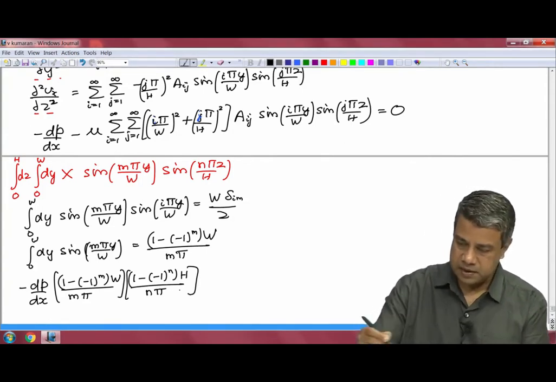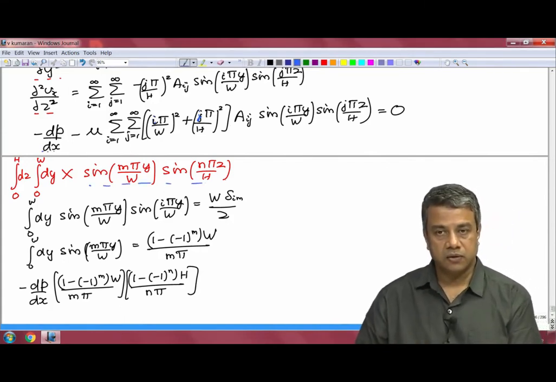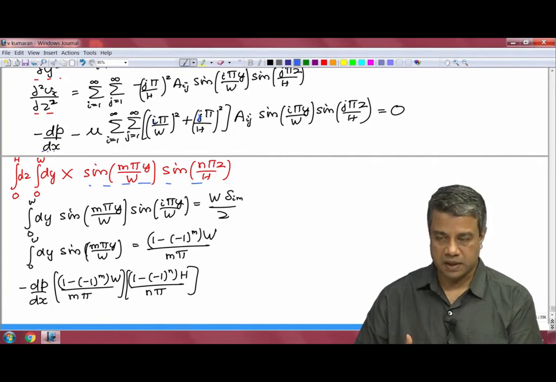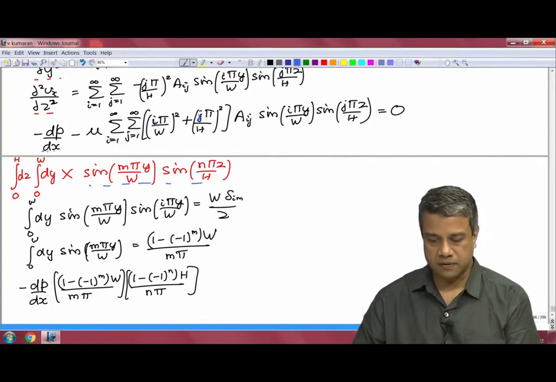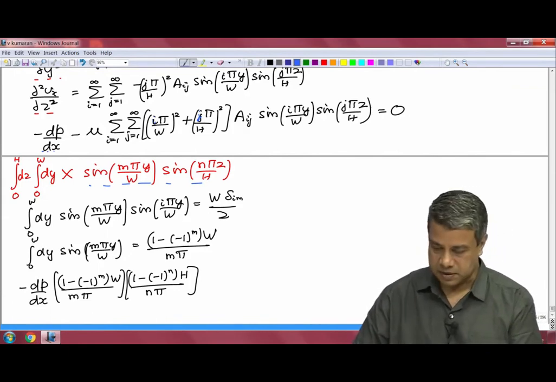I am multiplying the pressure term here by these two functions and carrying out two integrals over y and z. The first one for sine of m pi y by w, the second one for sine of n pi z by h.